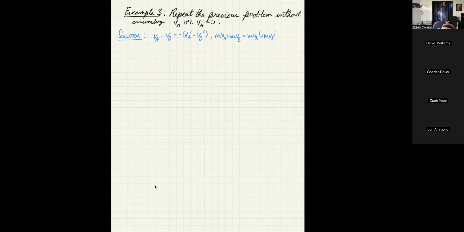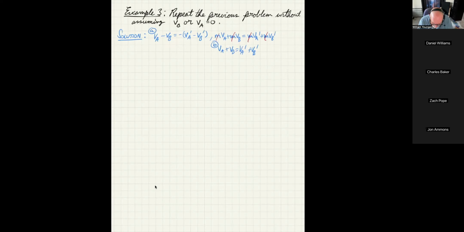But in fact, I can go ahead and divide through by all these masses, and I just have VA plus VB is equal to VA prime plus VB prime. Okay, so I'm going to call this equation A and I'm going to call this equation B, and we're going to figure out what we can do with them.